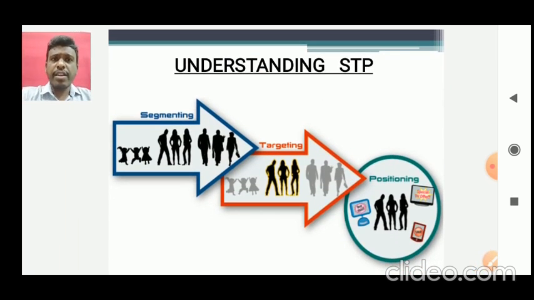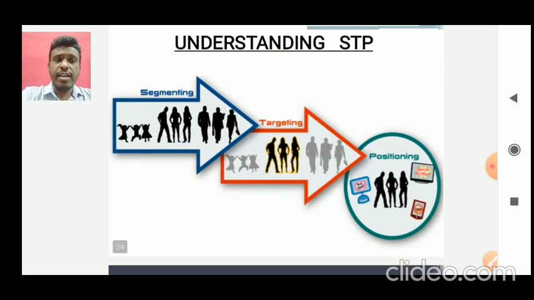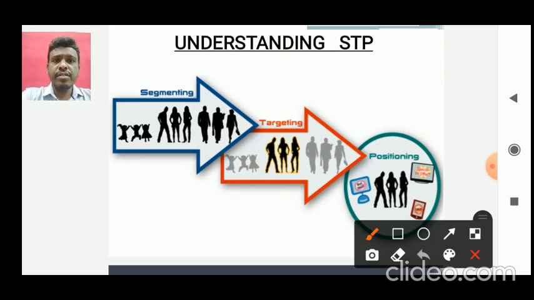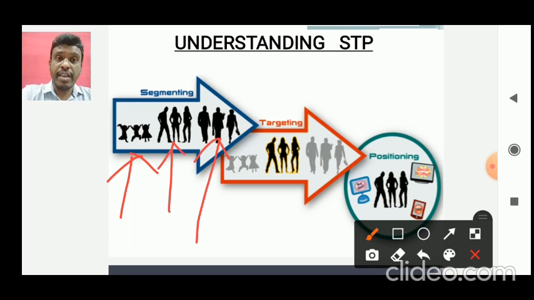Just understanding this STP. First, what we are doing is creating segments based upon maybe age. You can see we have 3 segments here: very young kids, then high school and college going kids, and then adults, maybe about 25, maybe about 30.